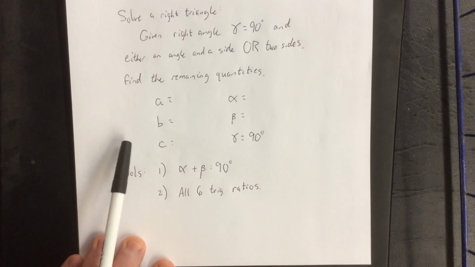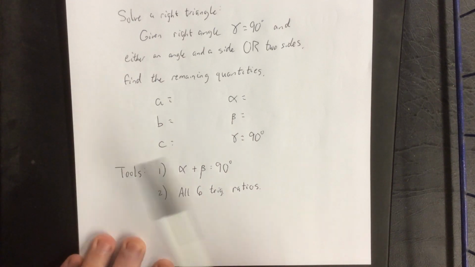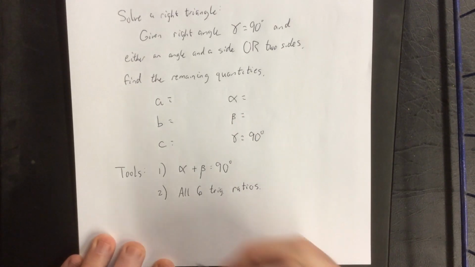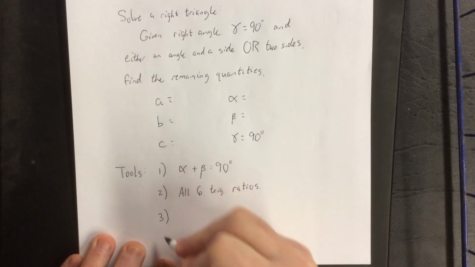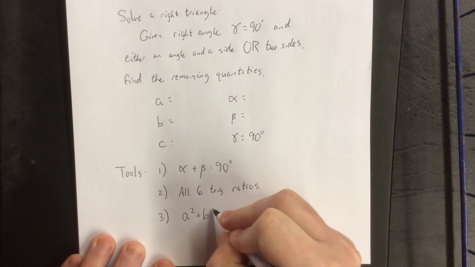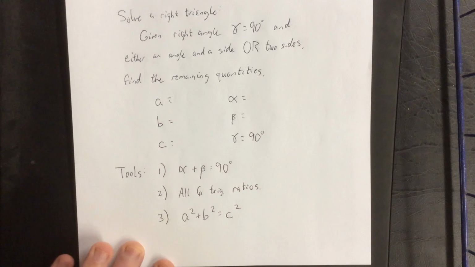Take a side that you know, relate it to a side that you want to know, and use the appropriate trigonometric ratio depending on whether you're working with alpha or beta. Finally, if you know 2 of the sides of the right triangle, you can use the Pythagorean theorem to find the third side.